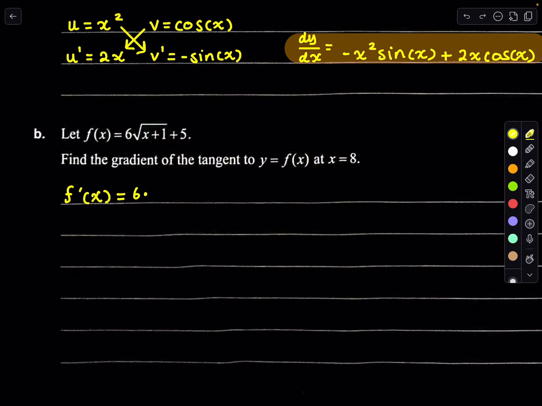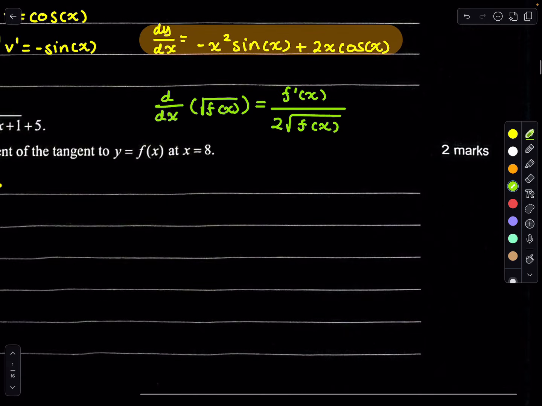For example, when you want to derive a square root function, something with a square root that has a function inside, yeah? The derivative of it is going to be f dash of x over 2 root f of x. Does that make sense? For example, let's do one as an example. What's the square root of x squared plus 1?